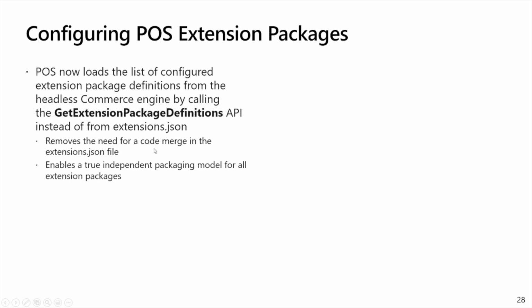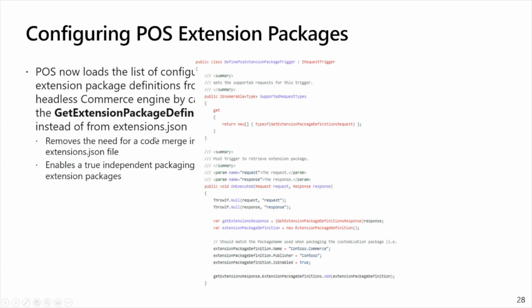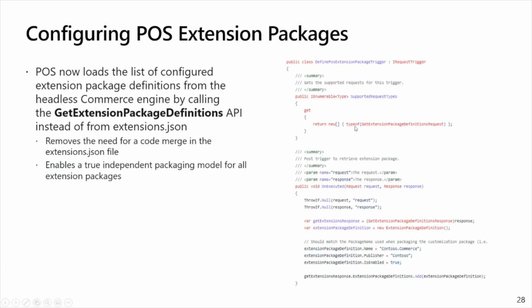I think Mani briefly showed the code for a trigger for this API that was configuring an extension package earlier, but we also have that on the right here. You can see this trigger is just defining a POS extension package that should be loaded. The key aspects are the name and the publisher, and whether or not it's enabled. The biggest thing here is that the name listed here needs to match the package name field specified in the Commerce SDK so that POS can find the right package to load.